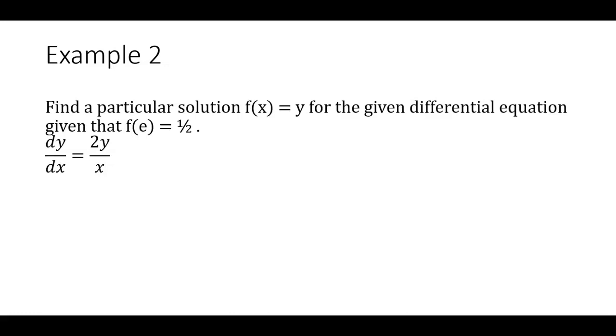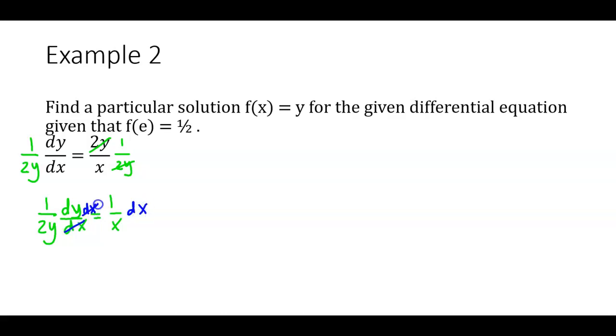So once again, we're going to start by separating our variables. So for this one here, I'm going to want to divide both sides by 2y first. So these cancel out, right? And then I'm also going to want to multiply both sides by dx.